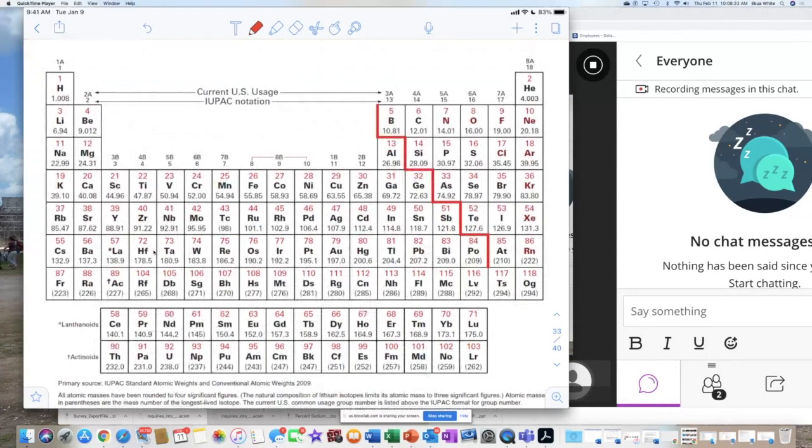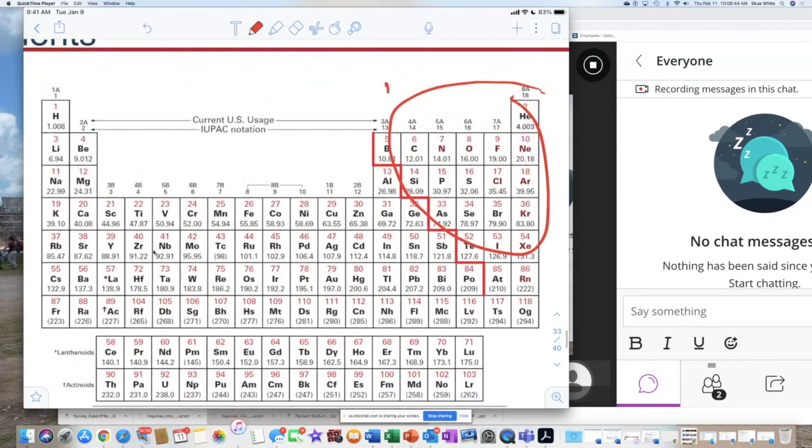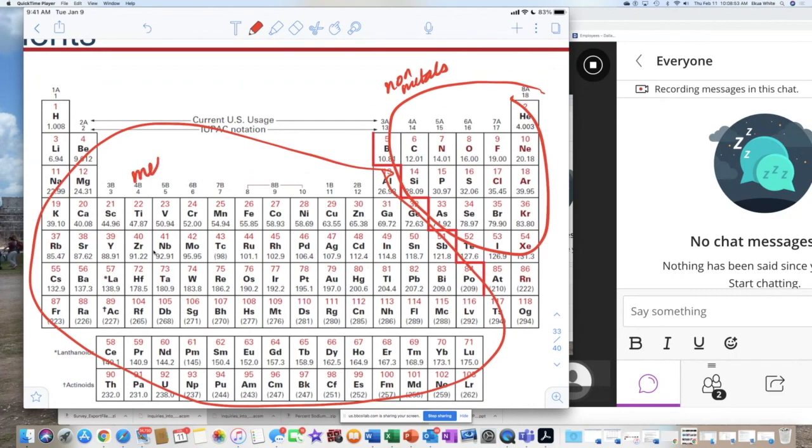Okay, so looking over here, we have a periodic table showing you the elements. Here they're categorized. You see the red zigzag called the staircase? This separates one side of the periodic table from the other. The side on the right here tends to mostly have nonmetals. The side on the left, this huge side here, has metals. Now you would think that with all these metals we have in life, we have a lot of metals, right?